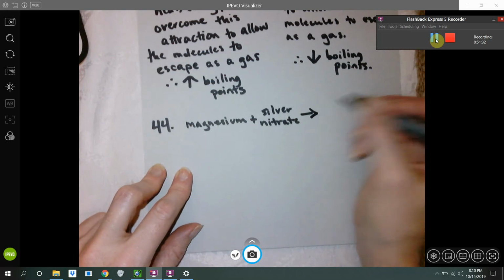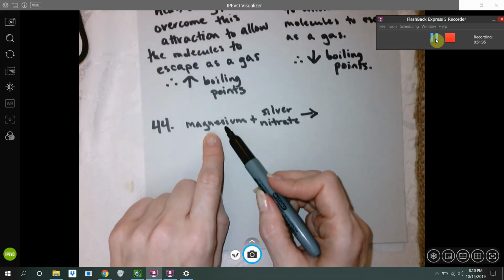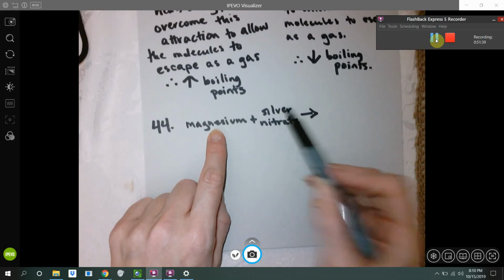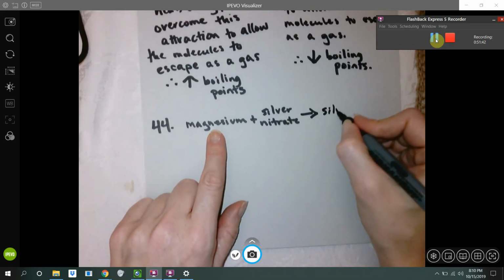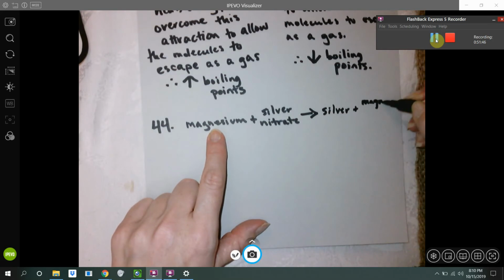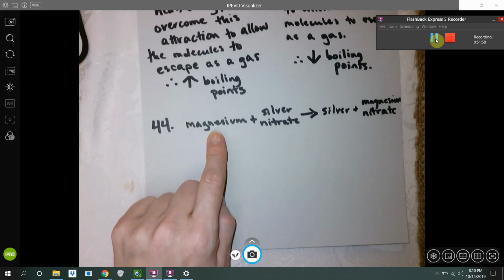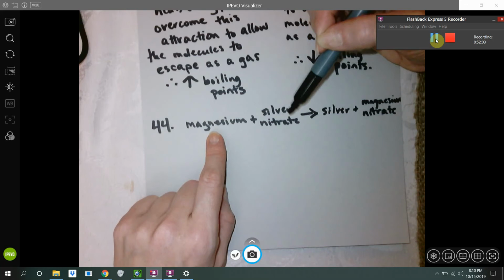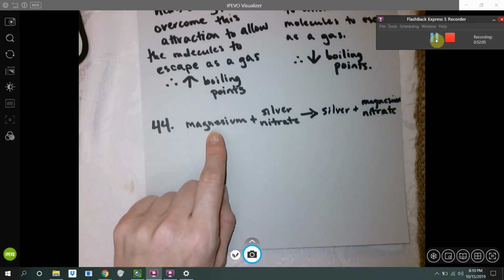And we want to know, will this magnesium come in and kick out, so magnesium is a metal, so it's going to kick out the metal, which is silver, to make silver be all by its lonesome and magnesium nitrate. Before we go any further, you'll want to check to see if this is something that actually can happen, if magnesium is strong enough to kick out that silver.